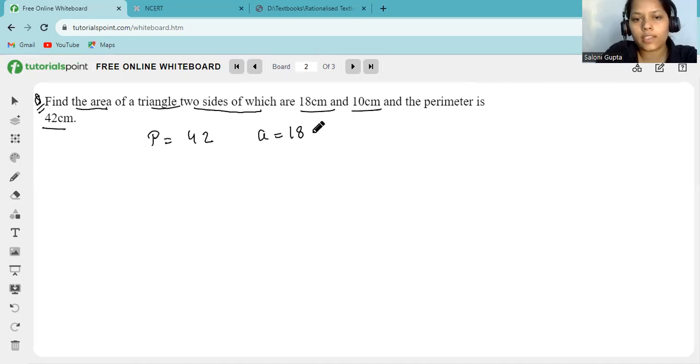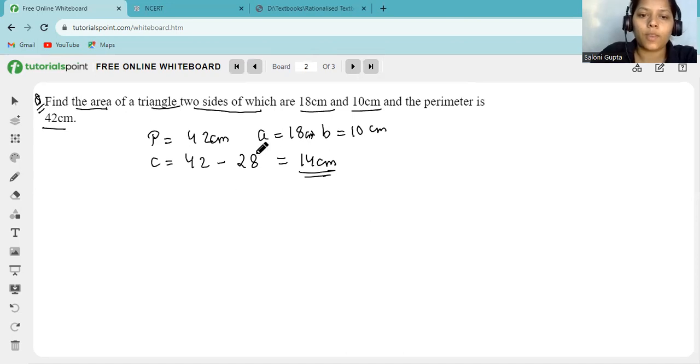Let a be 18, b equals 10 centimeter, and the perimeter is 42 centimeter, and we will find c. The c will be 42 minus the sum of a plus b, that is 28. So 42 minus 28 gives 14 centimeter as my third side.